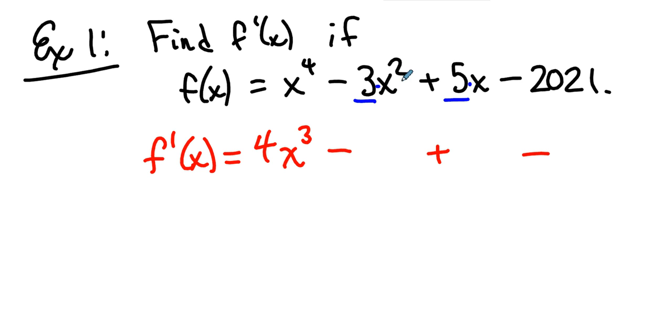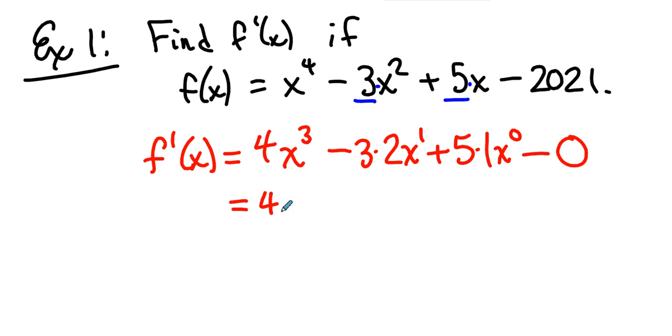So the derivative of x to the n is nx to the n minus 1. The derivative of x to the 1 is 1x to the 1 minus 1. And this is a constant, and the derivative of a constant is 0. So we clean this up nicely: 4x cubed minus 6x plus 5, and we're done.